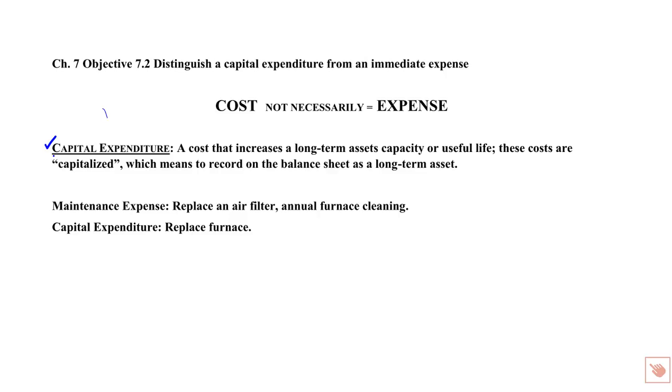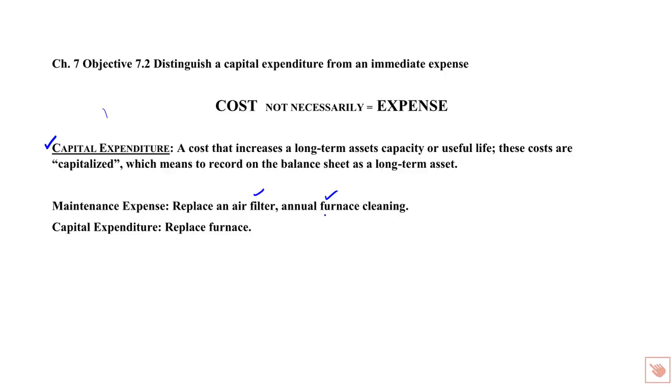So capital equipment is equipment that's a long-term asset. So any expenditure that increases the life of a long-term asset or increases its operating ability, that would be a capital expenditure. Here are some real simple examples. If you replace an air filter or do your annual furnace cleaning, a corporation's furnace cleaning, that's maintenance.